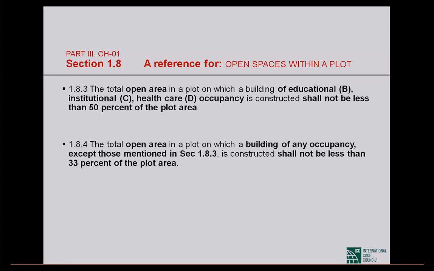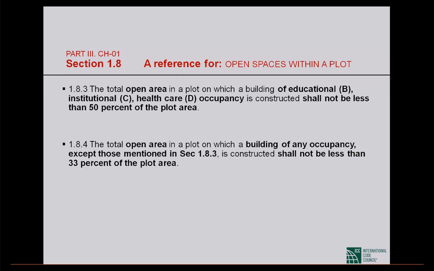And for the second para, as we can see, the rest of the occupancies which are not mentioned in section 1.8.3, the open space for them shall not be less than 33% of the plot area.